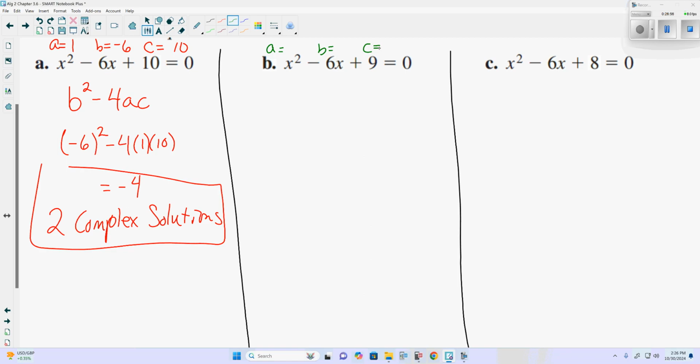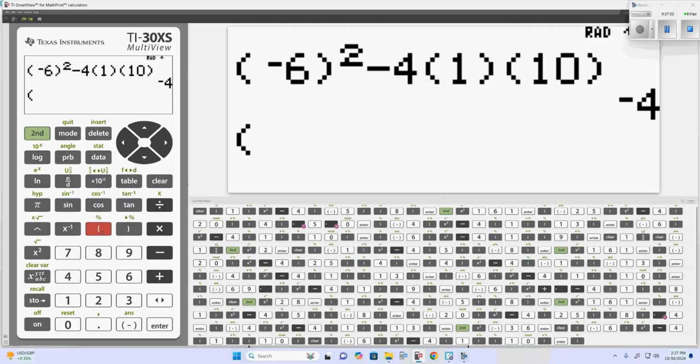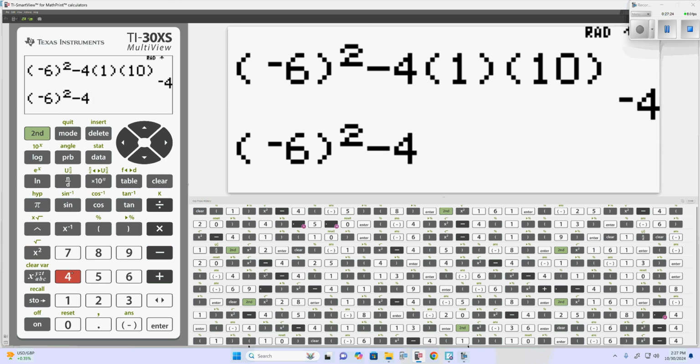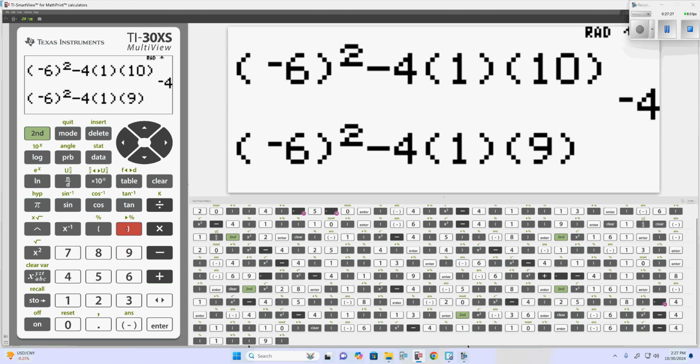Well, x squared minus 6x plus 9. Well, a is 1, b is -6, c is 9. So now we have -6 squared minus 4 times 1 times 9, which is 0.